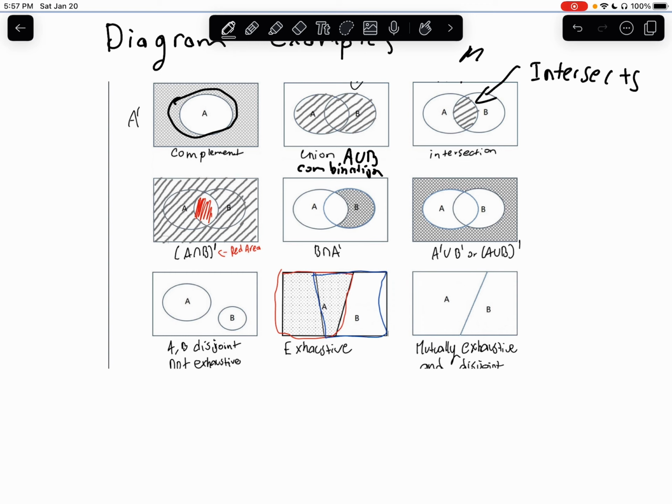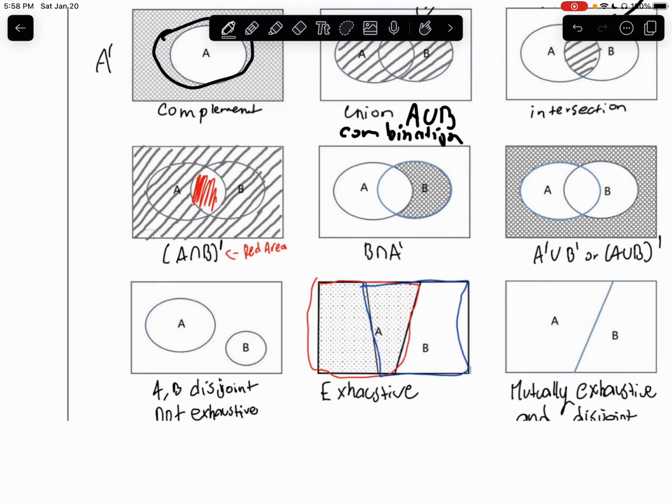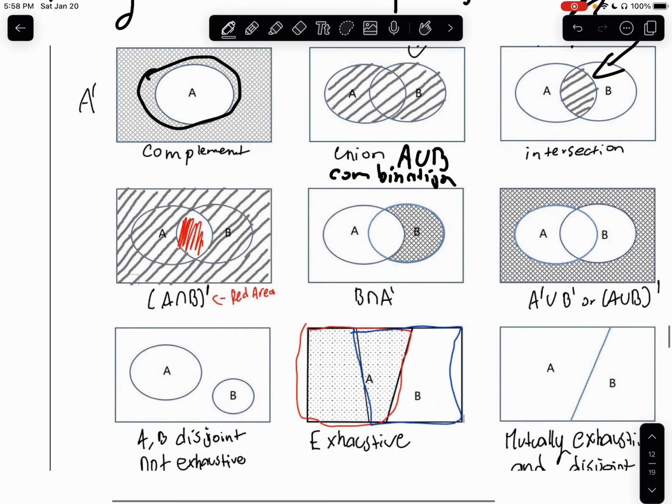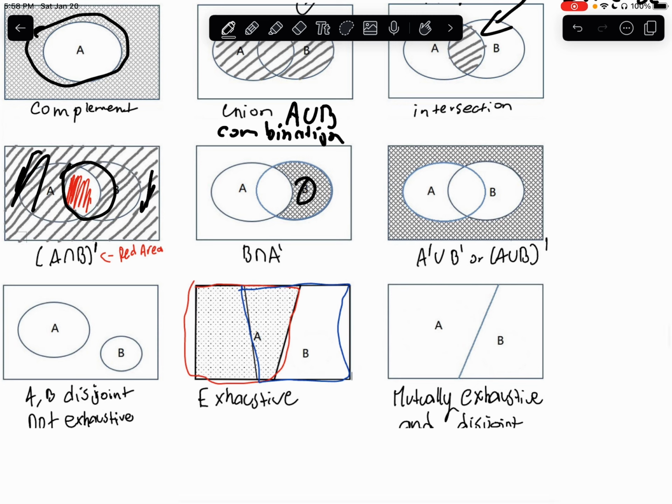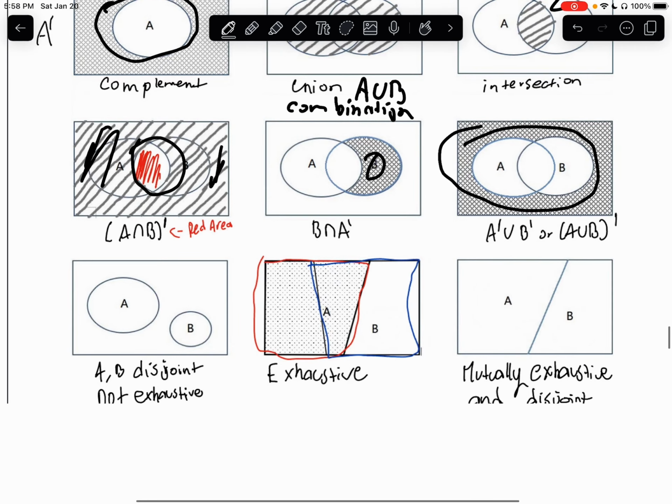As we move down to a more complicated one, A union B complement is all the sample space over here, but excluding that middle part right there. B complement is all the sample space around, but not in B.